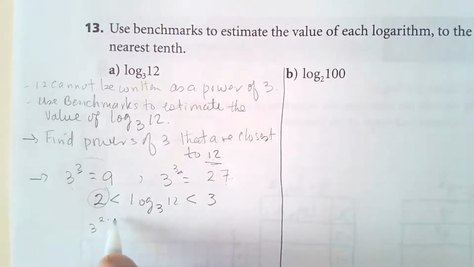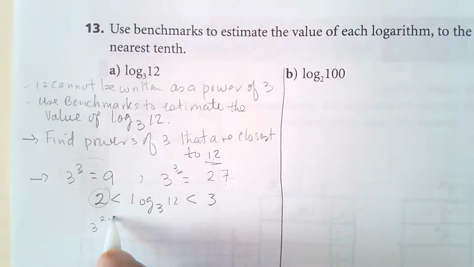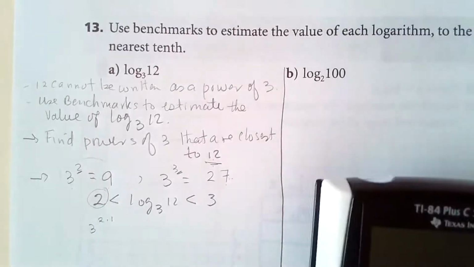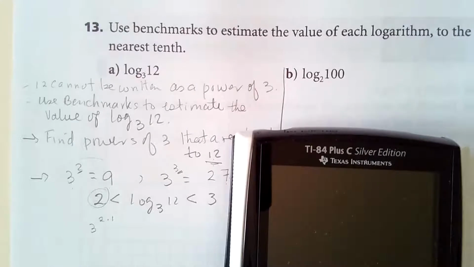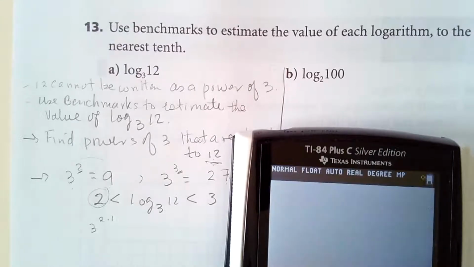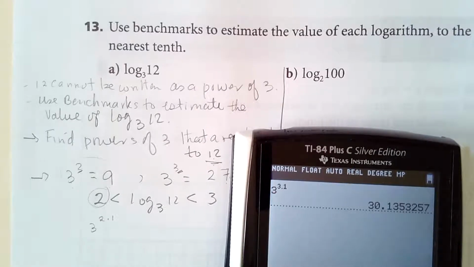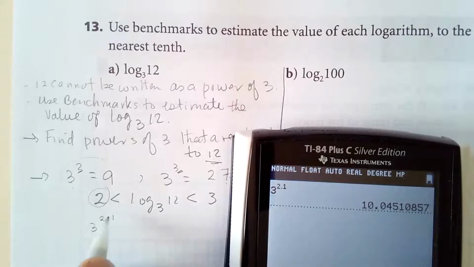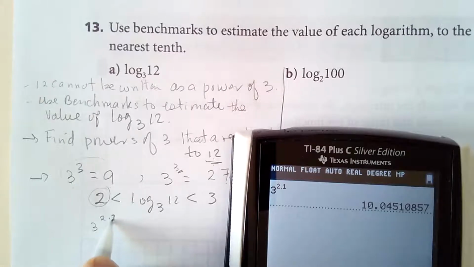Now we can try 2.1. See what that gives us. 3 to the power of 2.1 gives me 10.05. It's pretty close. But let's go one step further and try 2.2.